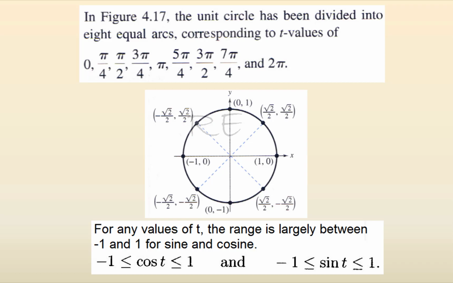Notice that the coordinate of the angle and its reference have the same absolute value. We just have to adjust the sign according to the quadrant. And the range for sine and cosine is between -1 and 1.